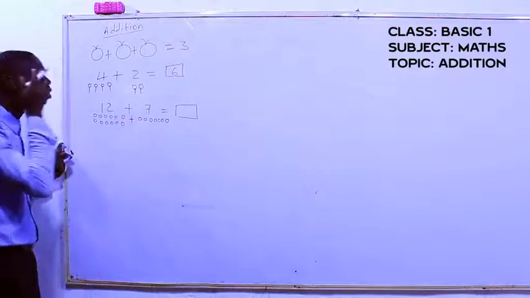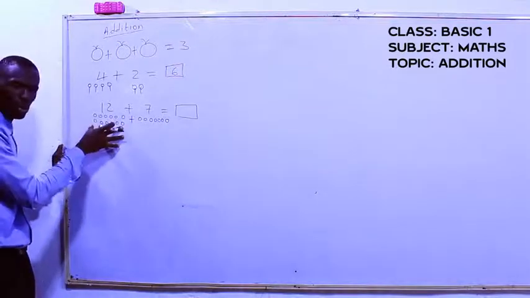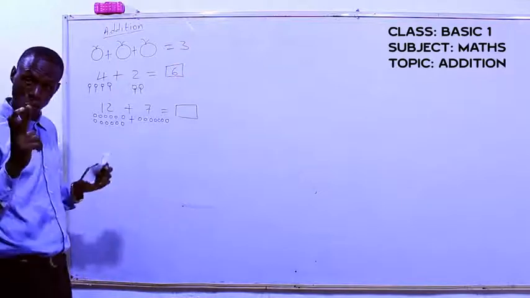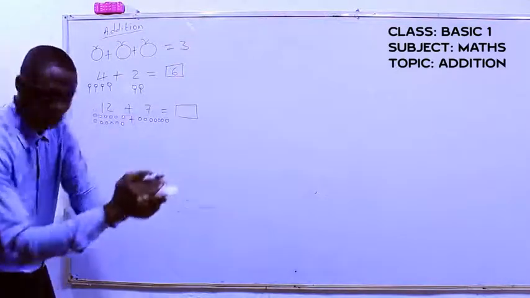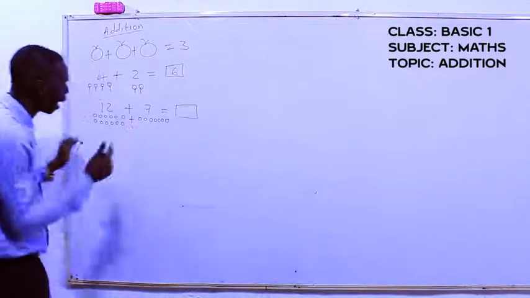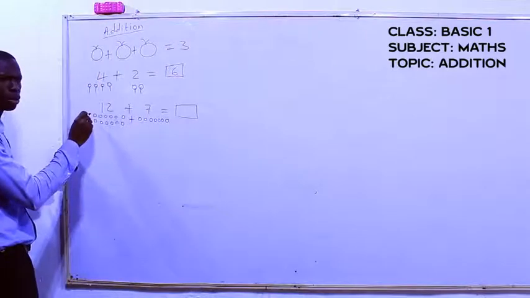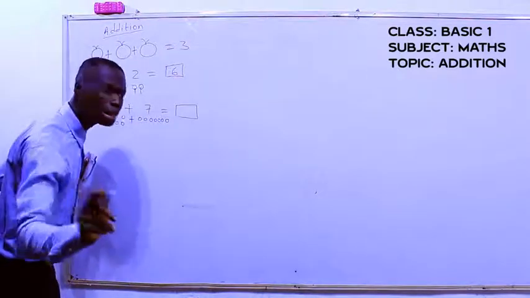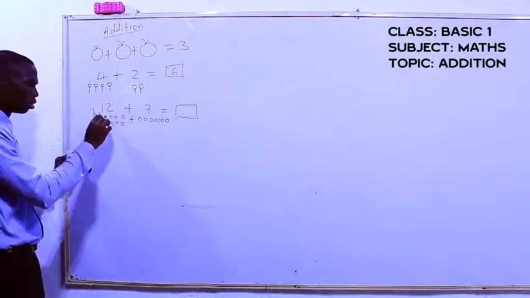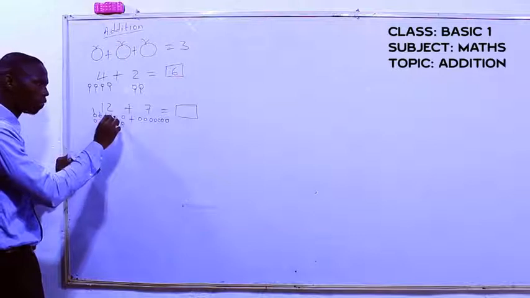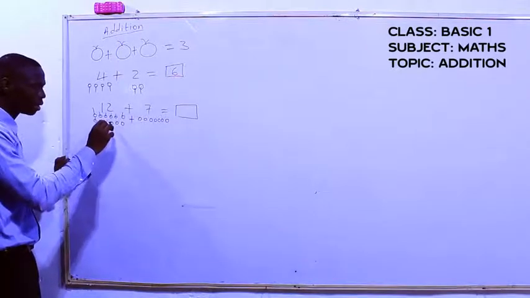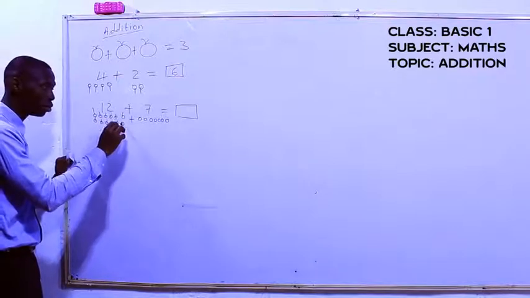Put this sign to show that you are adding this stone and this stone. Remember, addition is joining 2 or more numbers together. To add them, let's join all of them together. Count. How will you count? In order not to make mistakes, count them and be putting a mark. 1, 2, 3, 4, 5, 6, 7, 8, 9, 10, 11, 12.